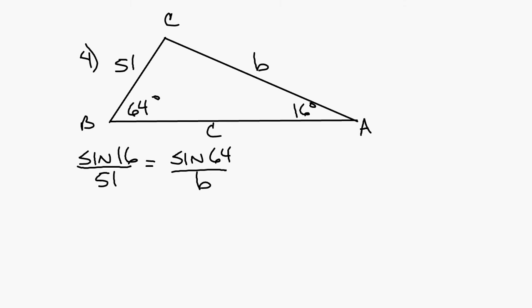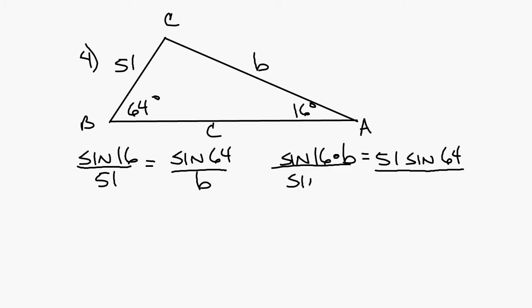So sine 16 times b equals 51 times sine 64. And you can divide both sides by sine 16. Your sine 16s will cancel, and your b is equal to 51 times sine 64 divided by sine 16.